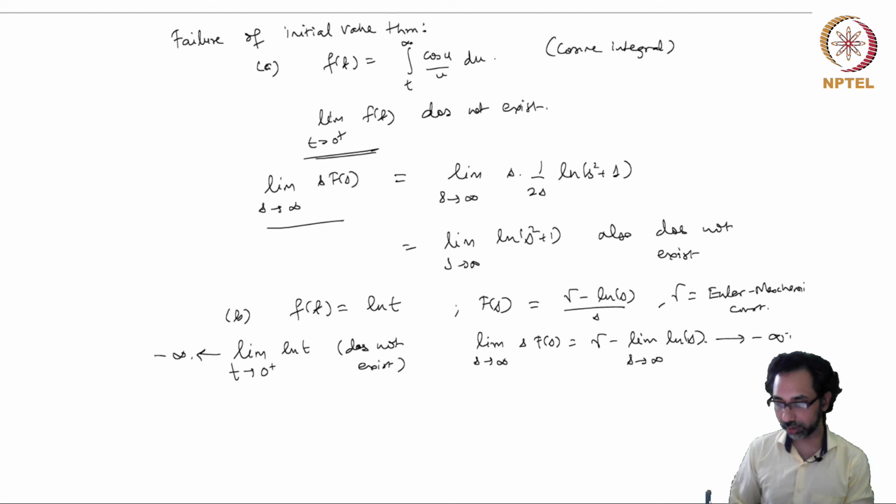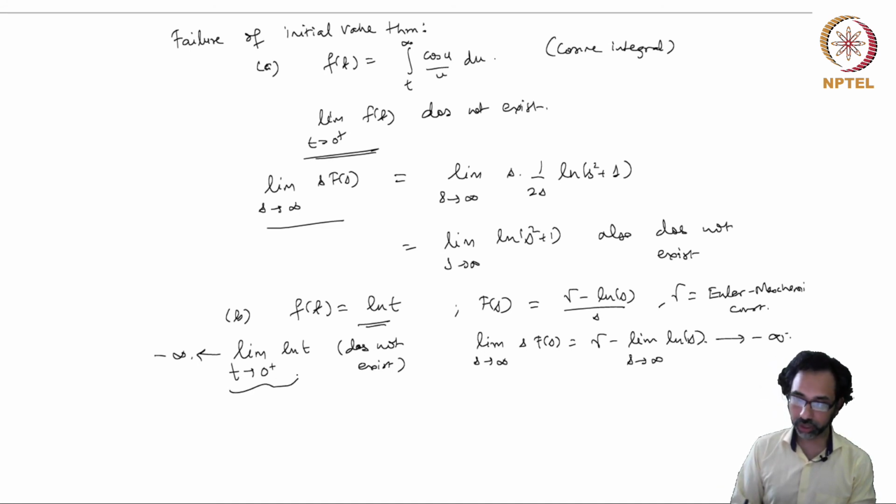So we see that again we have an absurd equation, which is meaningless. So the initial value theorem fails because the limit as t goes to 0 does not exist.